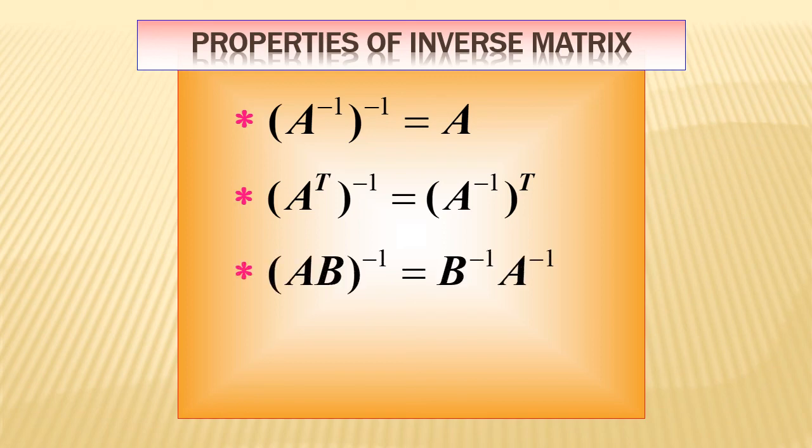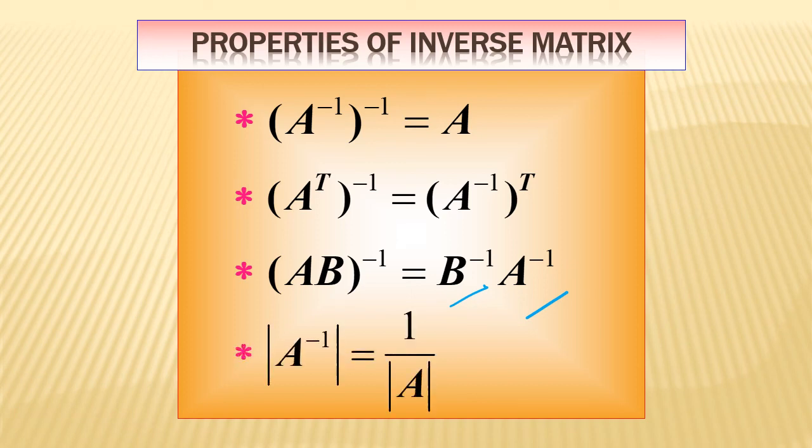And then the inverse of A multiplied by B is not equal to A inverse B inverse, but it is equal to B inverse multiplied with A inverse. So notice here the position is opposite. And the last one, determinant of A inverse is equivalent to 1 over determinant of A. Okay, so this is for the first part.